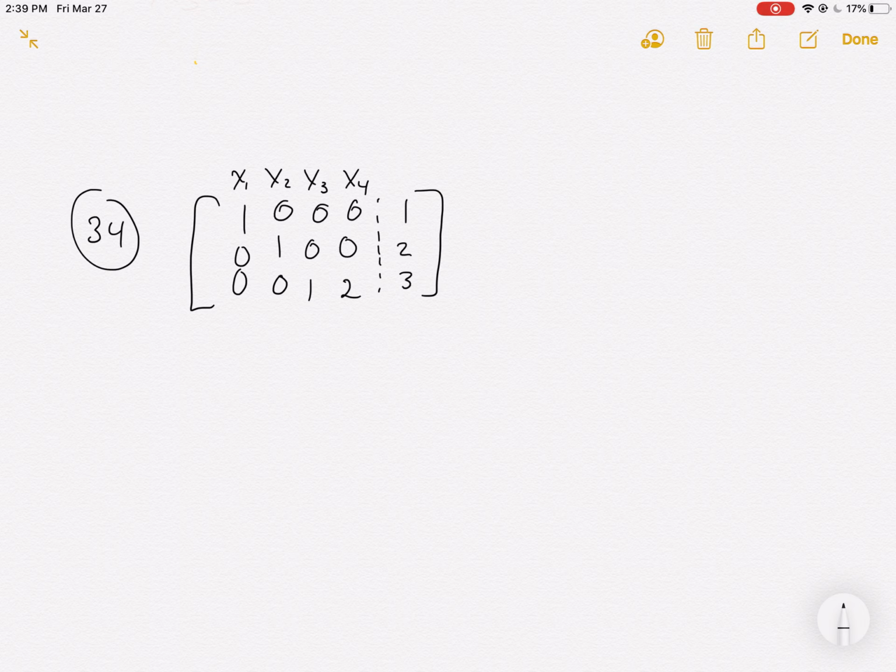But let's take a look at what's being said here. If we go from the top, it tells us x1 is definitely 1. It tells us x2 is definitely 2. And the last one says that x3 plus 2 times x4 is equal to 3.